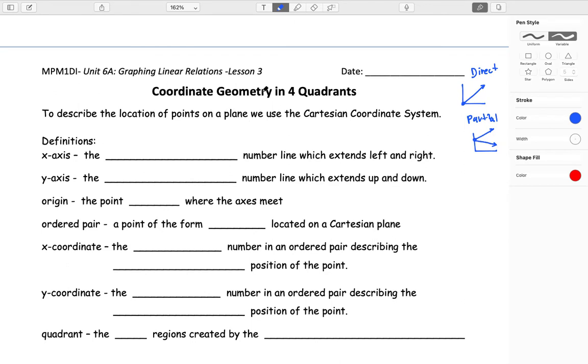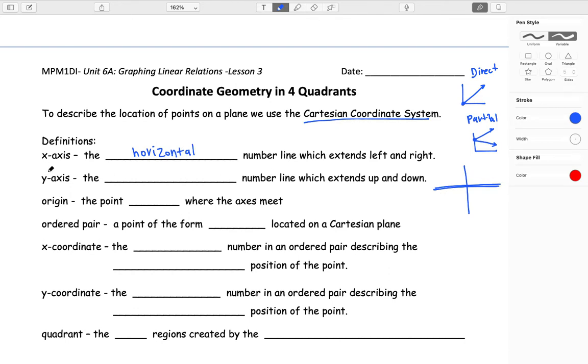Now, coordinate geometry in 4 quadrants. To describe the location of a point on a plane, we have to use a Cartesian coordinate system. So the Cartesian coordinate system looks like this. I'm pretty sure you've seen this. First, the x-axis is the horizontal number line which extends from left to right.